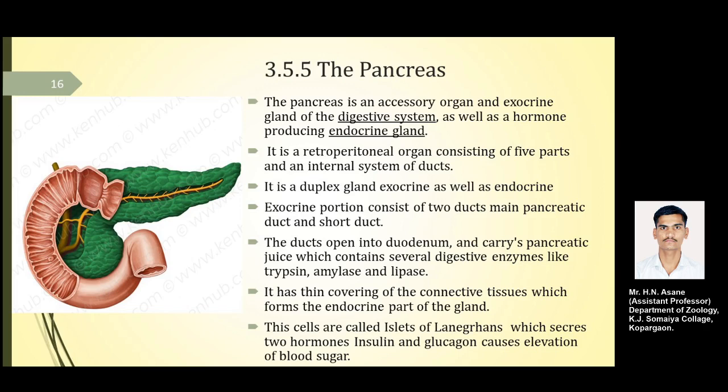The other functions of the spleen we will see when we study the TS or the histology of the spleen. So the pancreas is situated just behind the loop of the duodenum, and above the pancreas is the liver. The broad portion of the gland is called the head, and it lies in the loop of the duodenum.